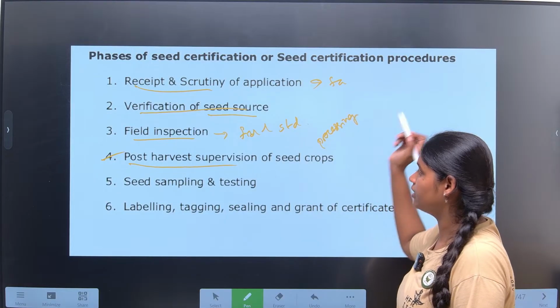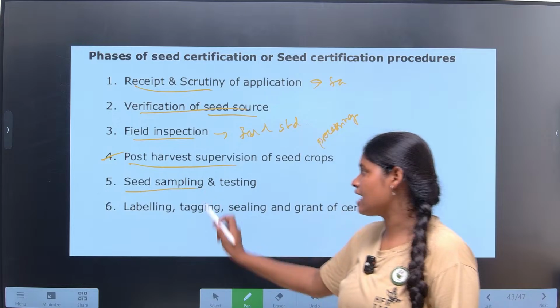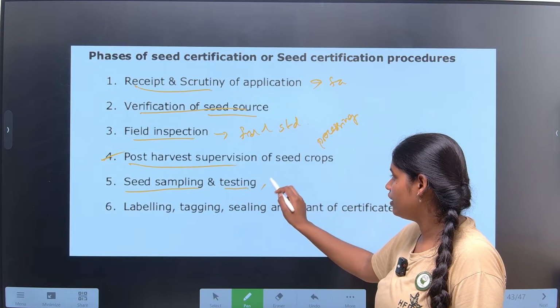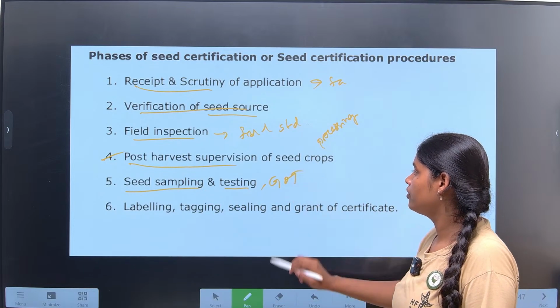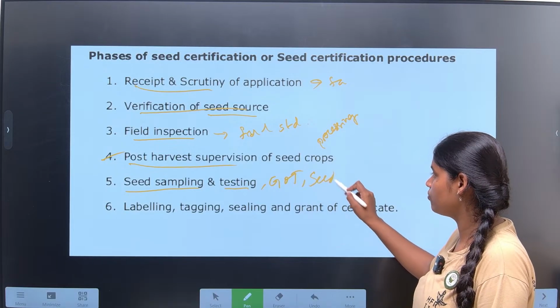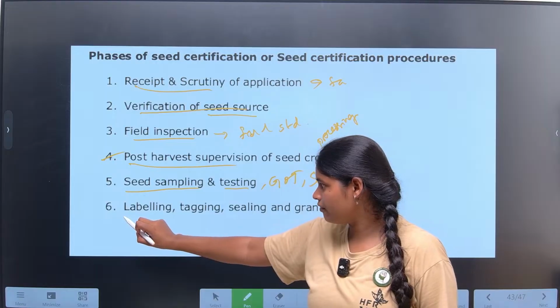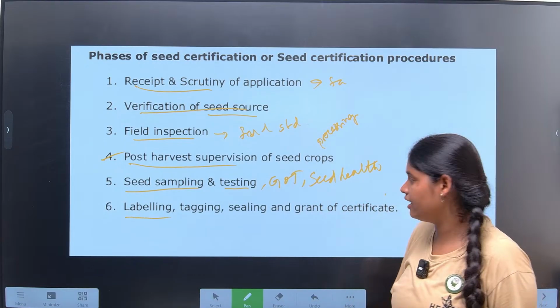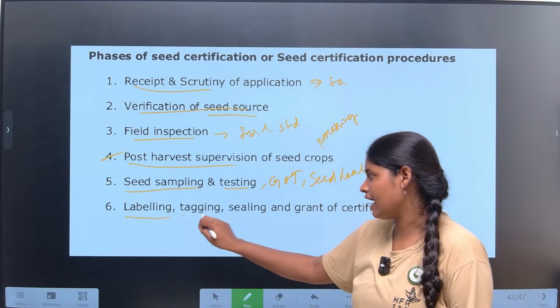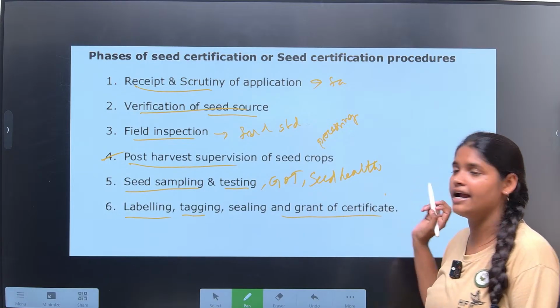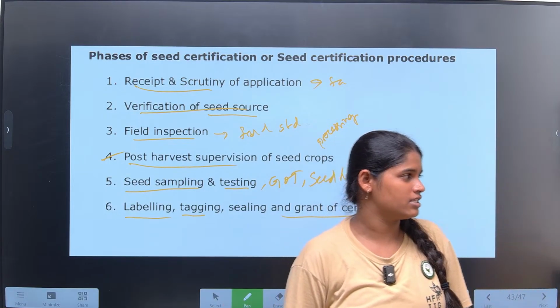That is the fourth phase. Seed sampling and testing includes GOT and also some seed health tests. And the final phase is, after getting the report, we are labeling it, tagging it, and granting a certificate. These are the 6 phases.